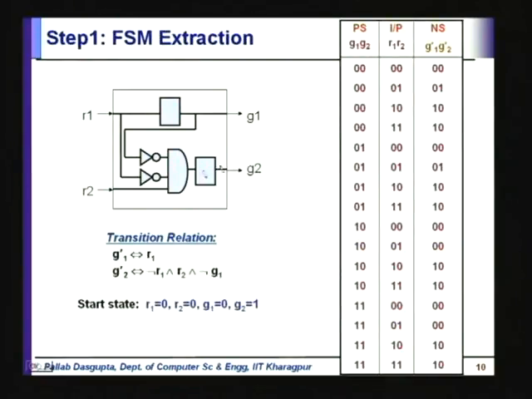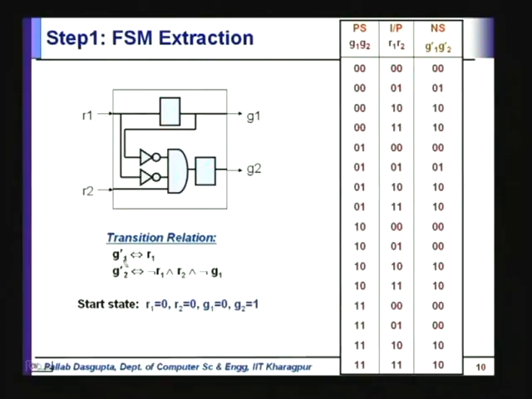So, first step is to extract the finite state machine out of this implementation. So, this is the transition relation that is derived out of this truth table. Okay. So, the truth table is present state, input, next state, and these are the corresponding transition relations.